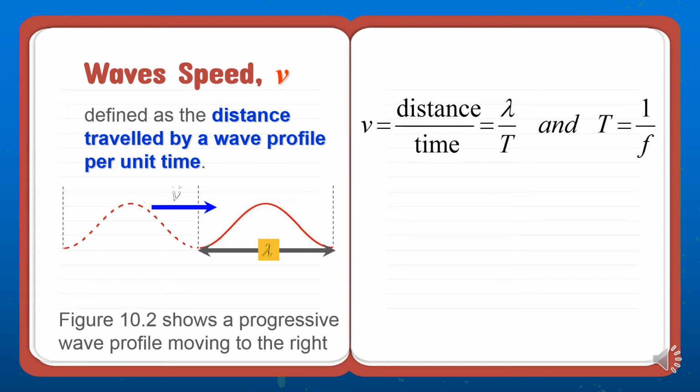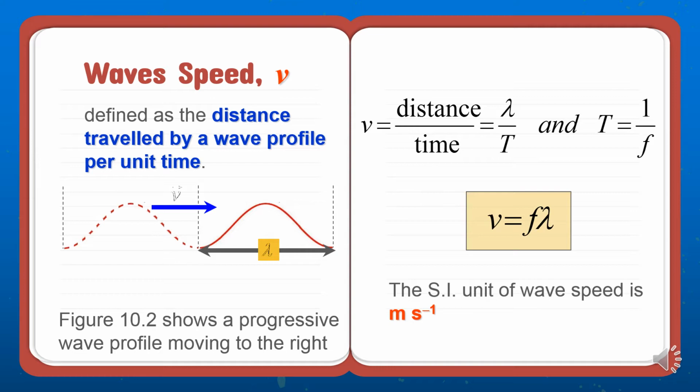From the formula period equals 1 over frequency, we substitute into the formula of wave speed. Therefore, wave speed equals frequency times wavelength, v equals f lambda. The SI unit of wave speed is meter second to the power of -1.